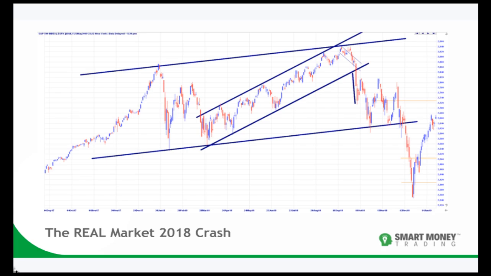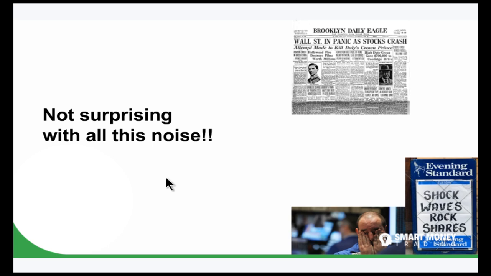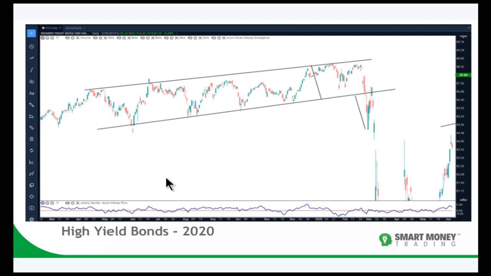So as we dive into some of these indicators, here we go. So this is high yield bonds in 2020. High yield bonds in 2020 had this long-term upward channel.